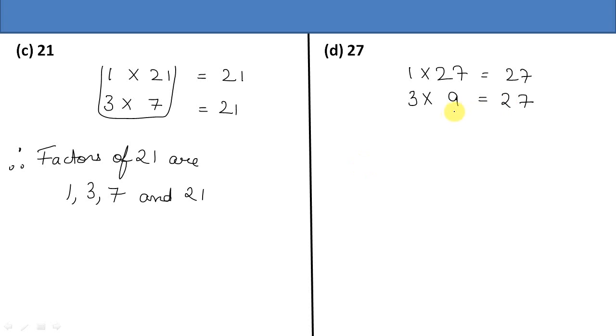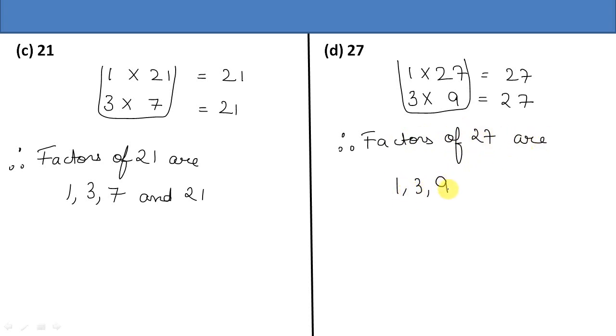So here we will make the U again and we will write down therefore factors of 27 are 1, 3, 9 and 27. तो अब इन सारे फैक्टर्स में देख रहे हो कि जिस नंबर का आप फैक्टर निकाल रहे हो उसमें वो नंबर भी आ रहा है एंड 1 भी आ रहा है. ये हमने भी पीछे पढ़ा था दैट फैक्टर ऑफ एवरी नंबर is 1 and the number itself.